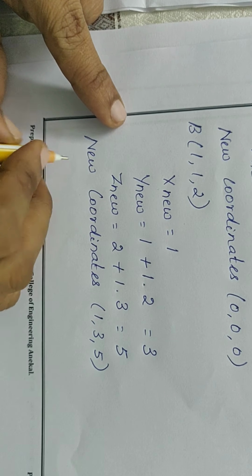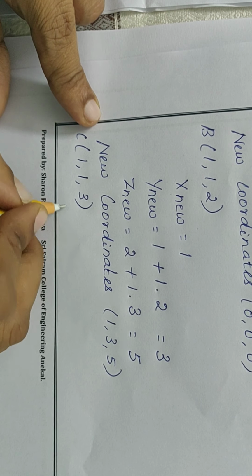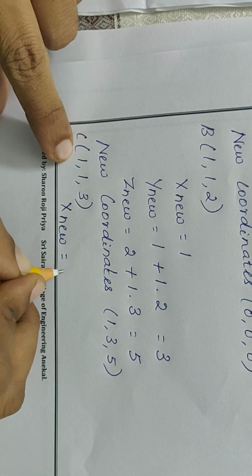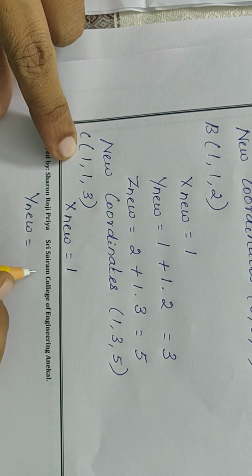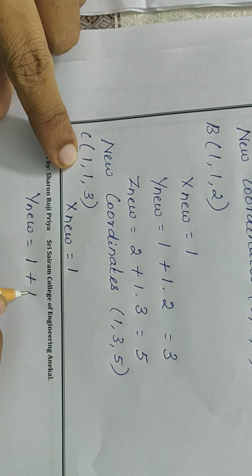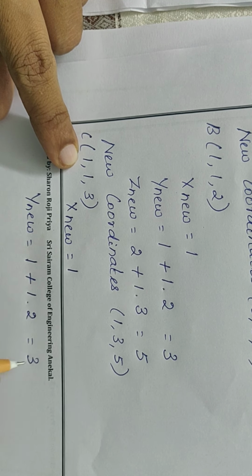Next endpoint will be 1, 1, 3. So C is equal to 1, 1, 3. So x new is equal to x old, which is 1. Y new is equal to y old, which is 1, plus x old, which is 1, into shear factor along the y axis, which is 2. So when I calculate, I'll get 3.